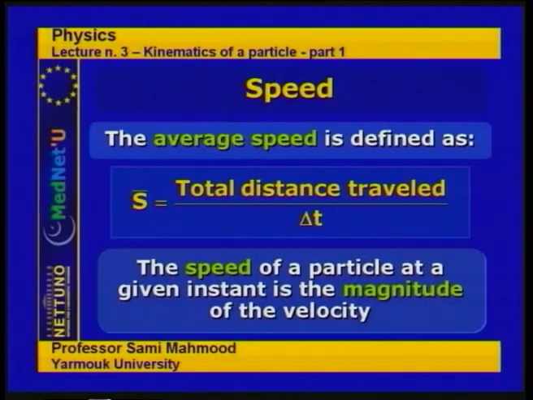And if we would like to know the speed of a particle at a given instant in time, then it is simply the magnitude of the instantaneous velocity at that instant in time.